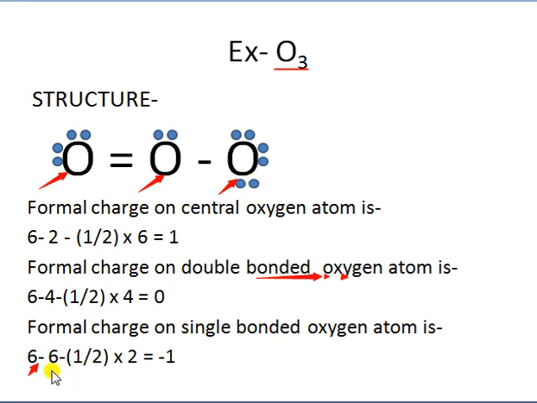So that's why I am writing 6. Minus half into 2. 2 means the bonded electrons. How many electrons participate in the bond formation for the third oxygen, or you can say the single bonded oxygen atom. This one will create only one single bond, so that's why I am multiplying by 2. 2 is the number of bonded electrons. If you calculate the total formal charge, then it is minus 1. In this way we can calculate the formal charge.